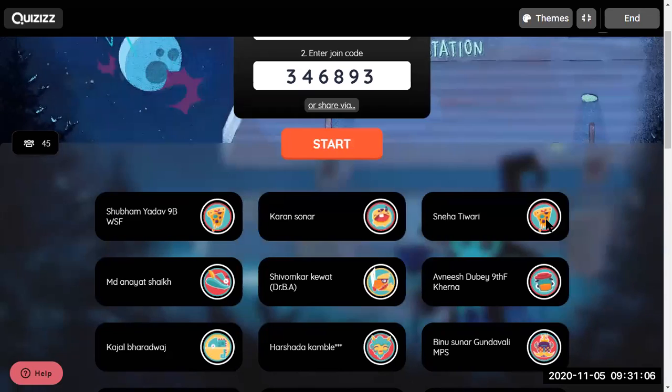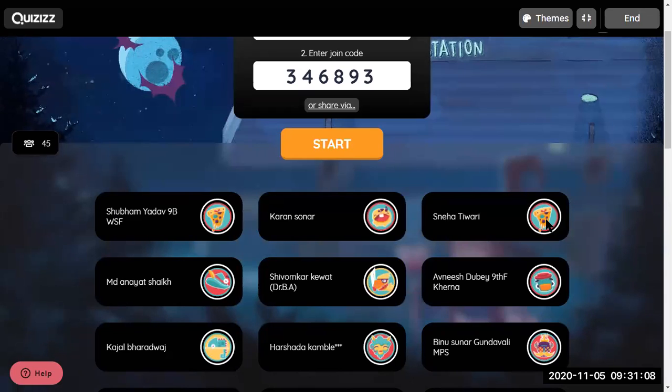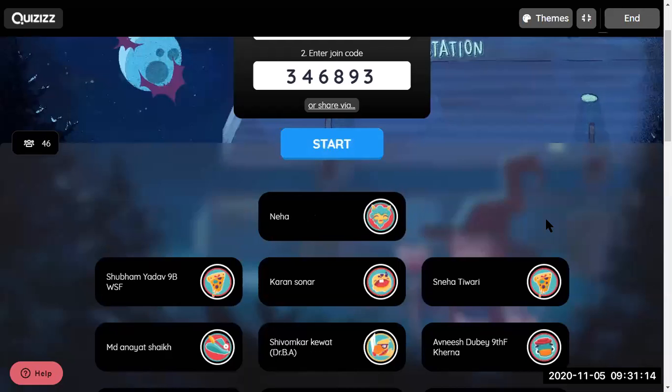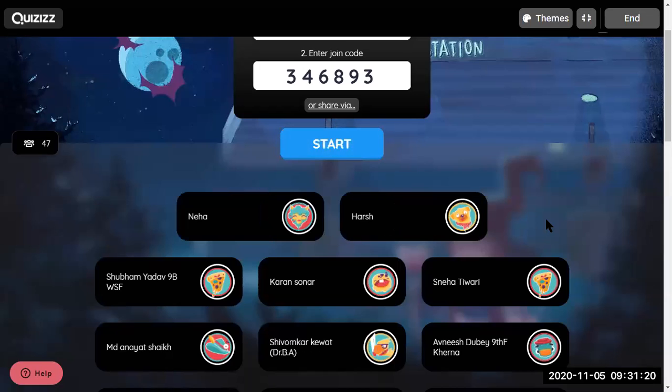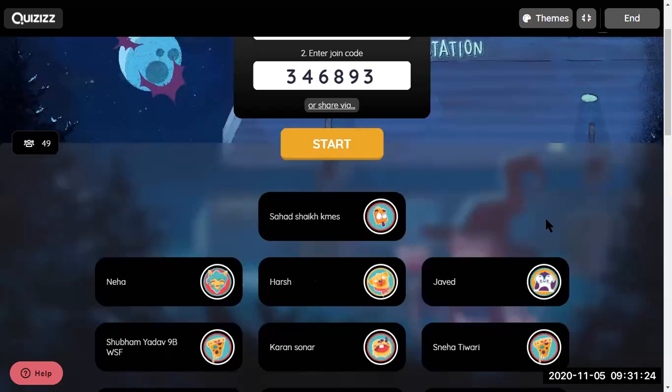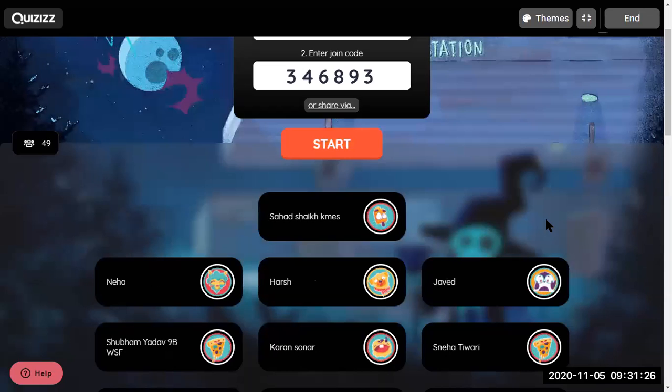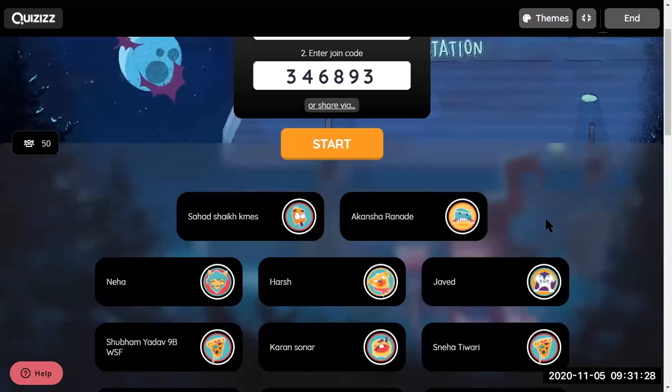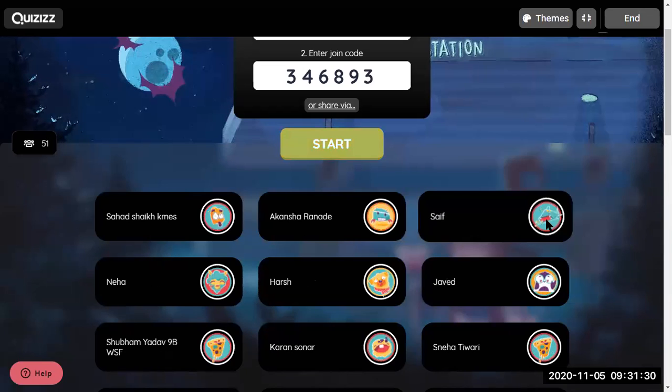Once you click on that, it will ask for a code. The code is 346893. Once you enter the code, it will ask for a name. Enter your name, and when you click on start, you will be here on the dashboard. So we'll wait for 40 seconds. Quickly, students, everyone, join in.